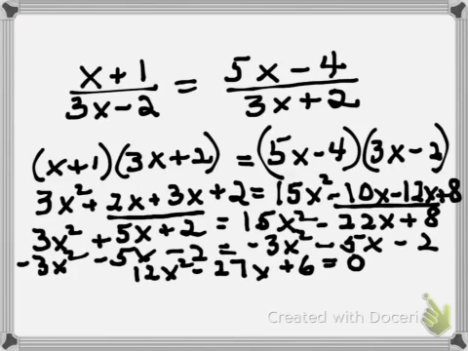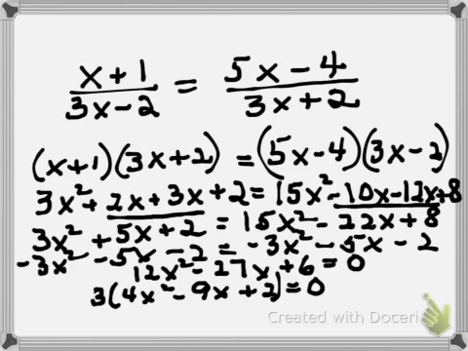Now, I can factor out what's common to each one of those terms. And what's common to each one of those terms is 3. So I can factor out 3. And I have 4x squared minus 9x plus 2 equals 0.